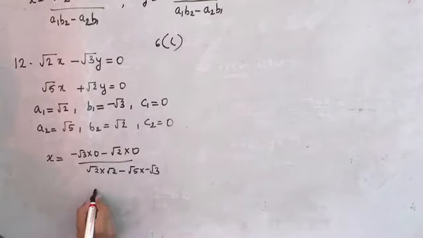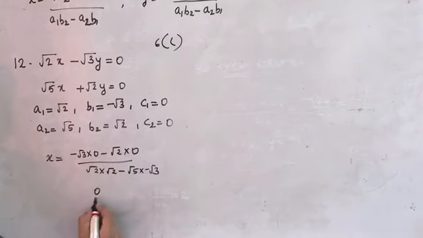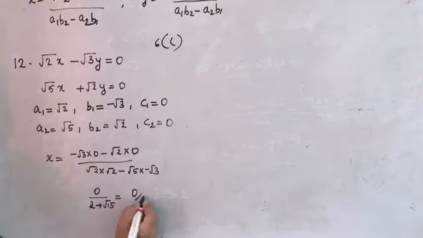So you get 0 by root 2 into root 2 is 2, minus into minus plus root 15. But 0 by any number equals 0. So the value of x is equal to 0.